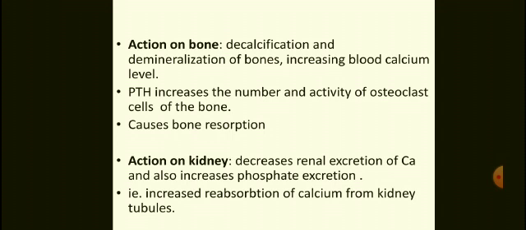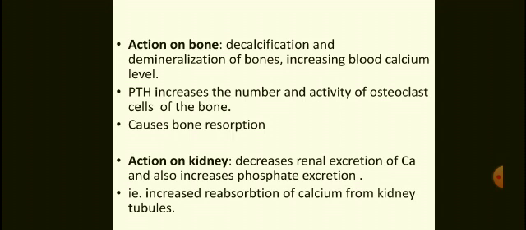PTH increases the number and activity of osteoclast cells of bone, and these cells cause bone resorption. We have to remember one thing: osteoblasts are cells which increase bone formation, whereas osteoclast cells cause bone resorption.